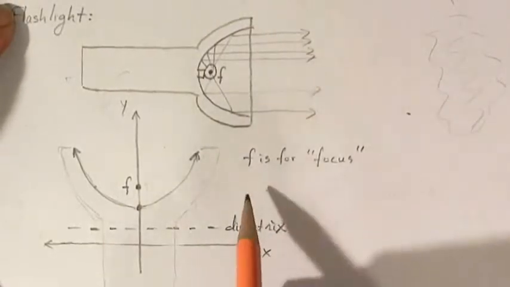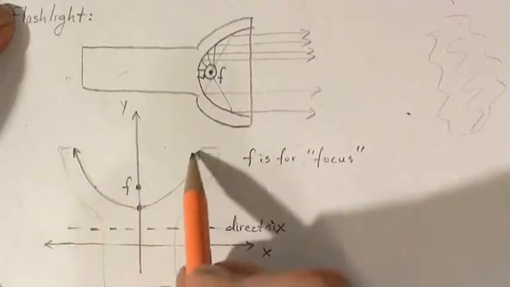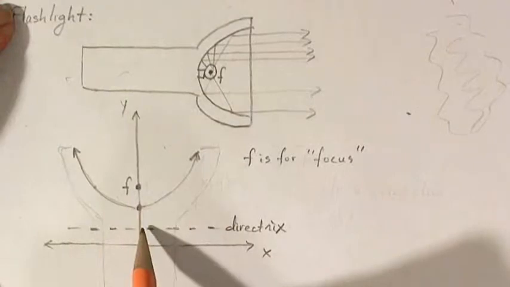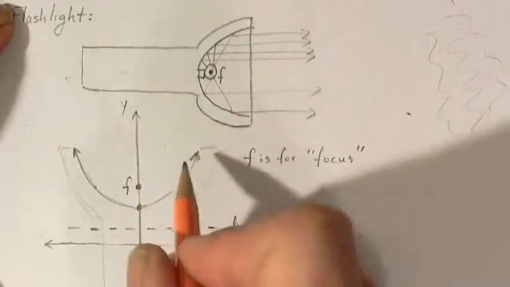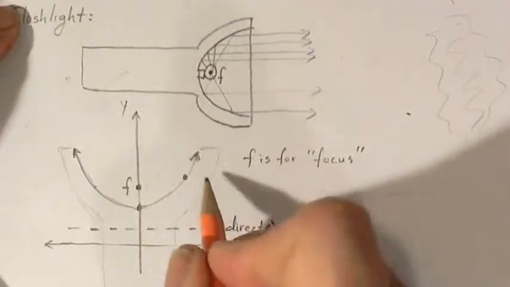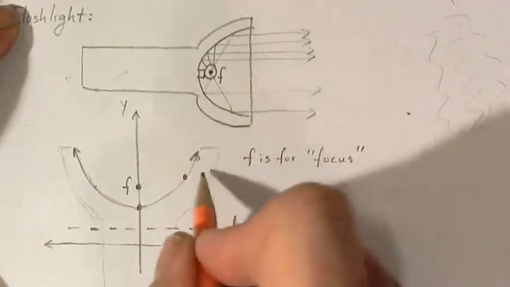So the real question here is, how do we describe a parabola using these two features, the directrix and the focus? Well, we start by taking a point on the parabola, which is kind of like what we did for the circle.